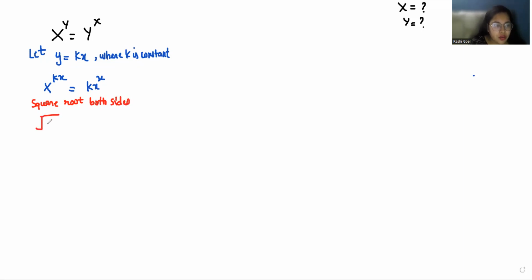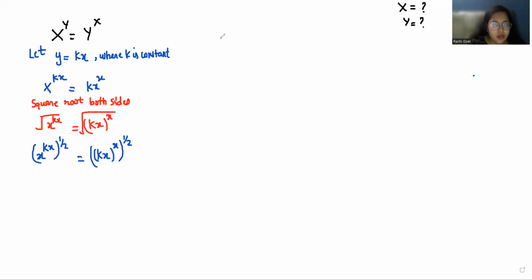So the square root of x power kx is equal to the square root of kx power x. The square root we can write as x power kx power 1 by 2, similarly kx power x power 1 by 2.